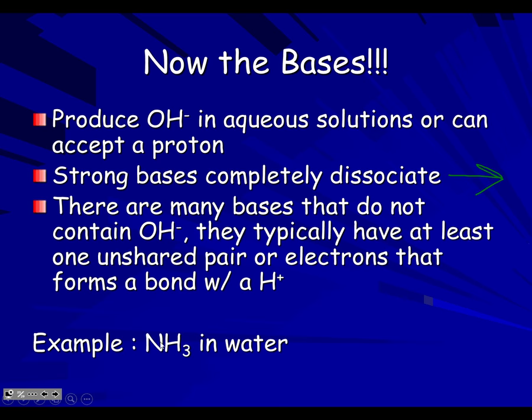If we put ammonia in water, we can see how that happens. I'm not going to show you with the electrons and everything. So we take ammonia, NH3, and put it in water. And we know that ammonia is our base. Well, if ammonia is our base, then water has to be our acid.